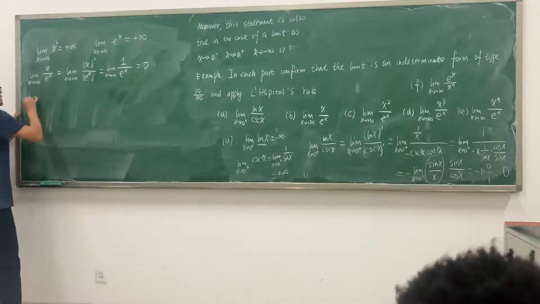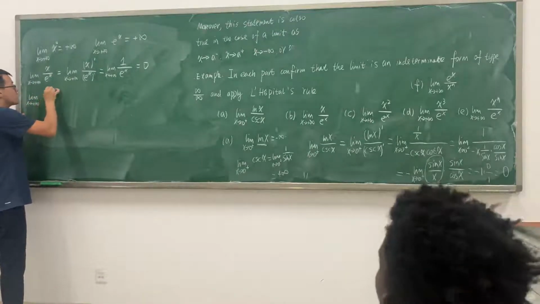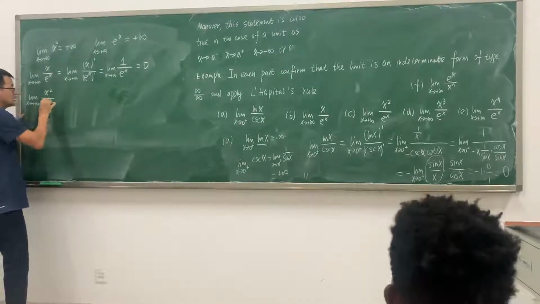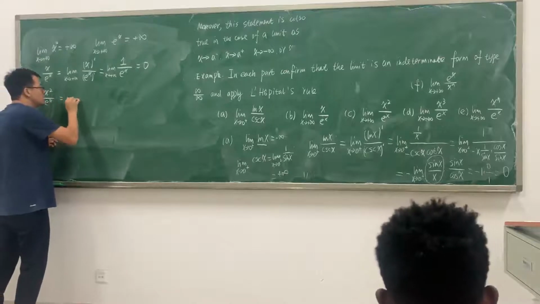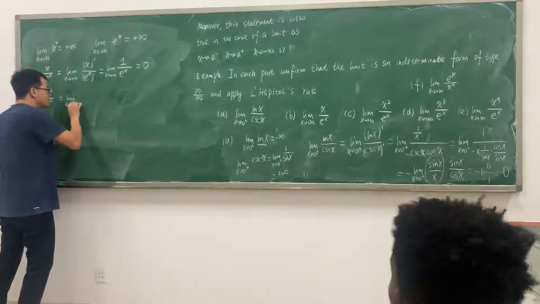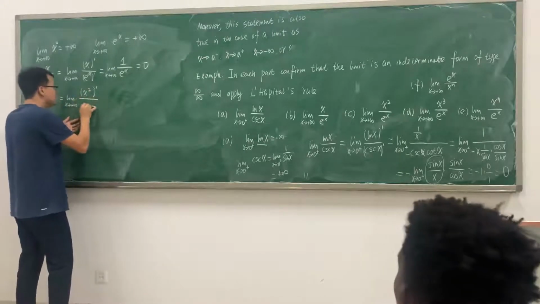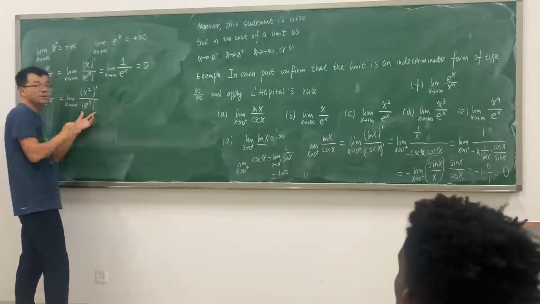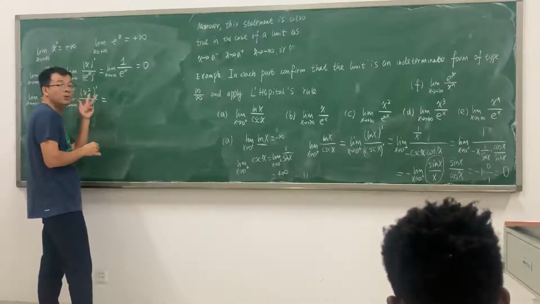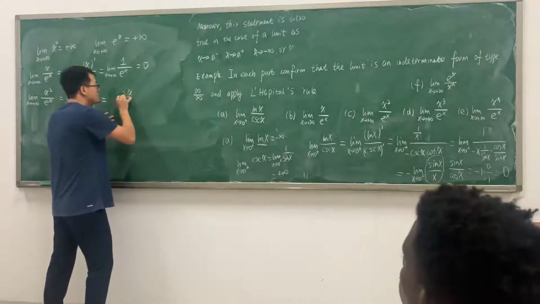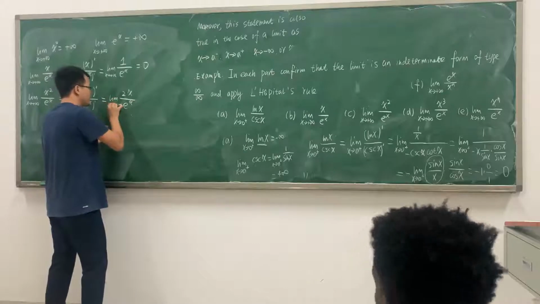The limit of x squared by e^x equals the limit of x squared prime by e^x prime, which is 2x by e^x.